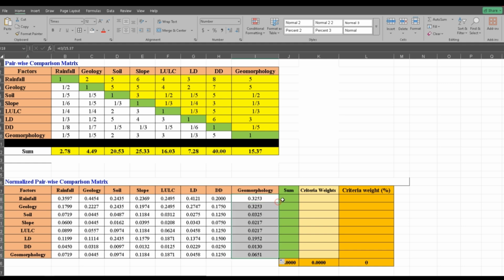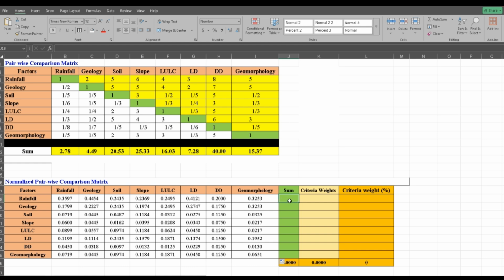Now, after calculating the value of each cell under the normalized pairwise comparison, we'll calculate the sum value of each row.